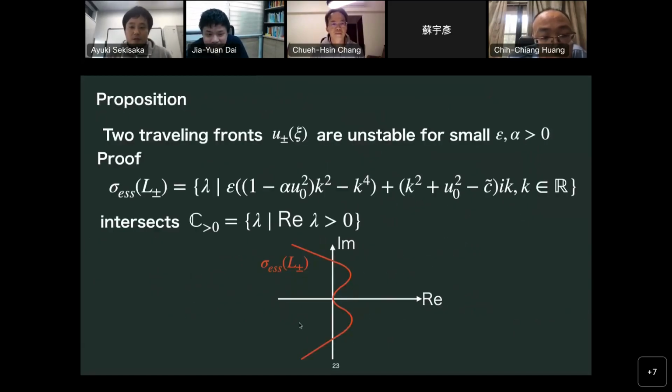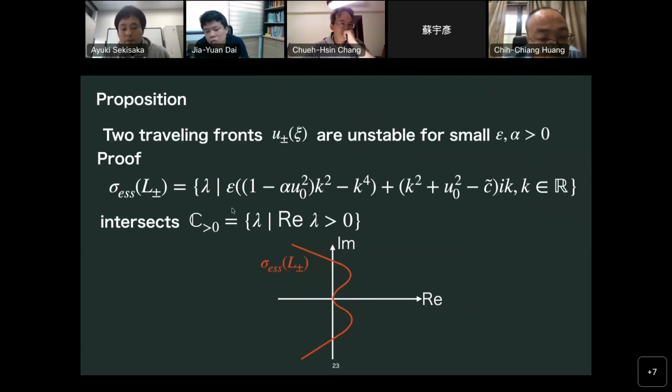Also, the curves look like this. The essential spectrum of the linearized operator with respect to the traveling front is given by these curves, the red lines.